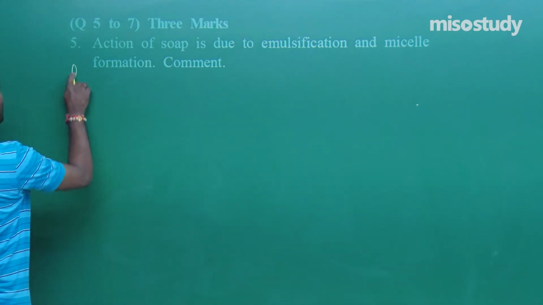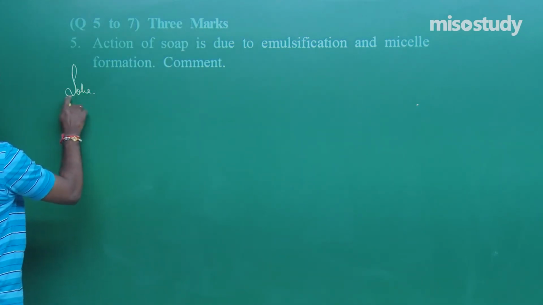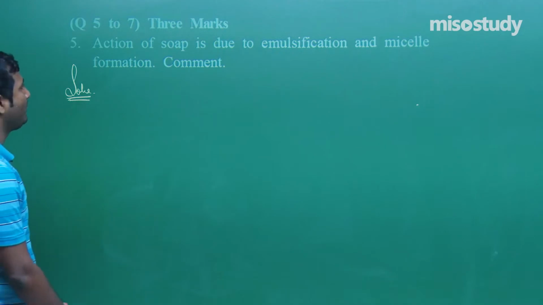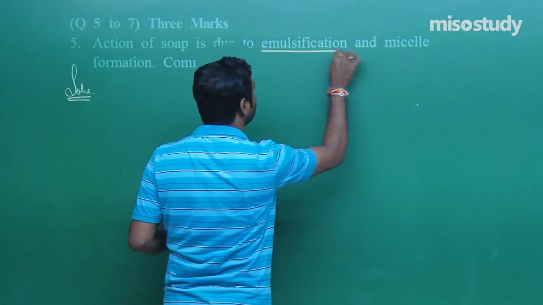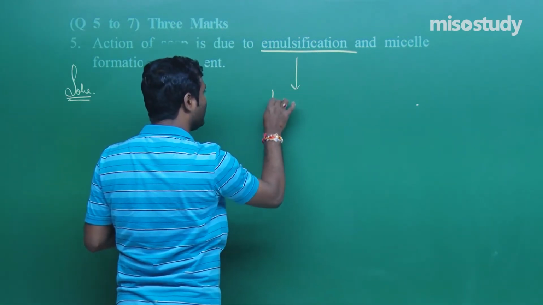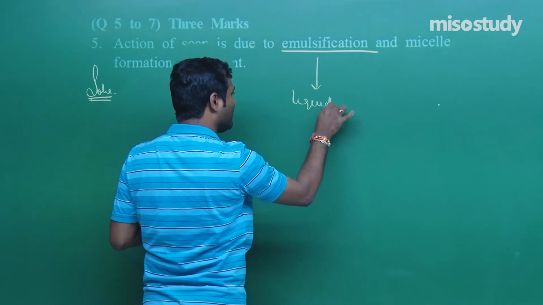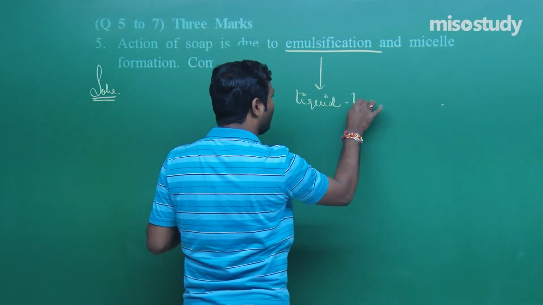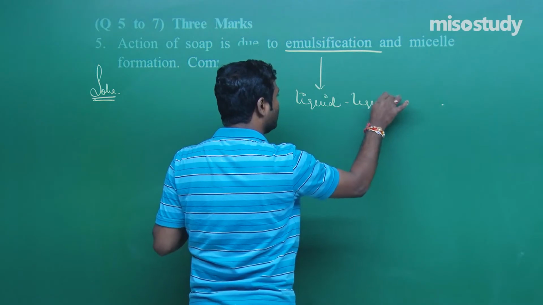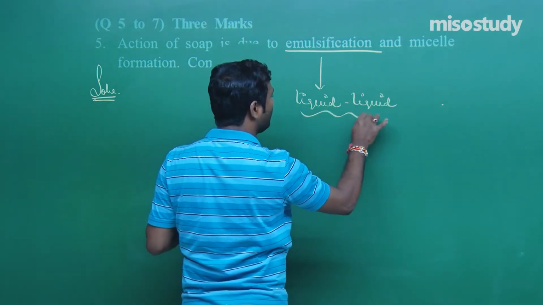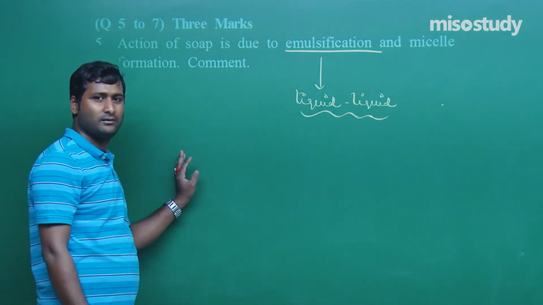Now the solution is: the action of soap is due to emulsification. What is emulsification? That is the process of formation of an emulsion or colloidal sol of liquid. Clear?